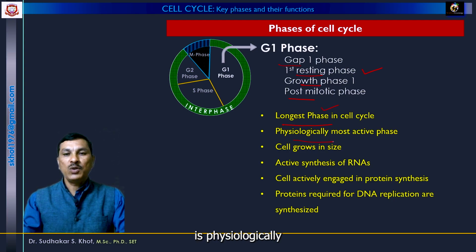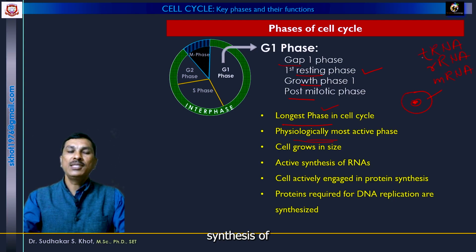The cell is physiologically very active. So the newly formed daughter cell has to enlarge in size. It needs to synthesize various types of RNAs, namely messenger RNA, ribosomal RNA, and tRNA. After synthesis of these RNAs, the cell engages in protein synthesis.